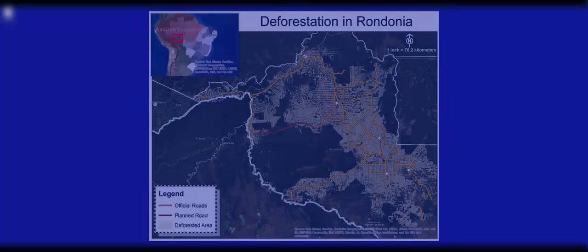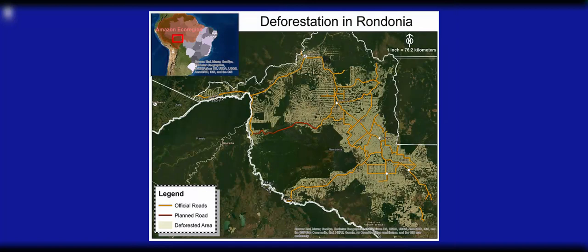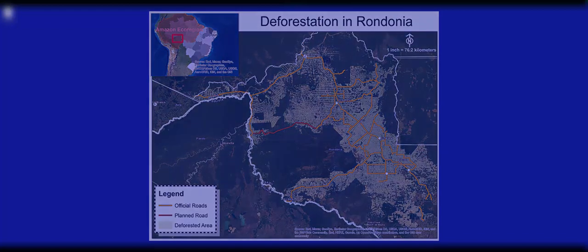Now in this lesson, you'll use ArcMap to create a map of deforestation in the Brazilian state of Rondônia. Then, you'll predict how much deforestation would be caused by a new road proposed to be built across the state. Your workflow requires a wide variety of data, feature editing, and analytical tools.